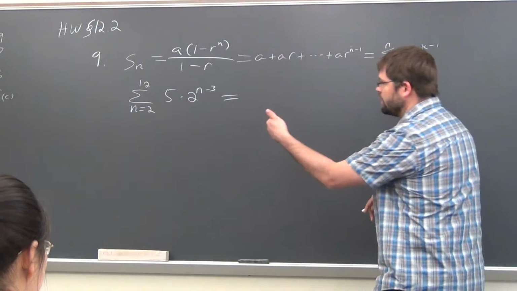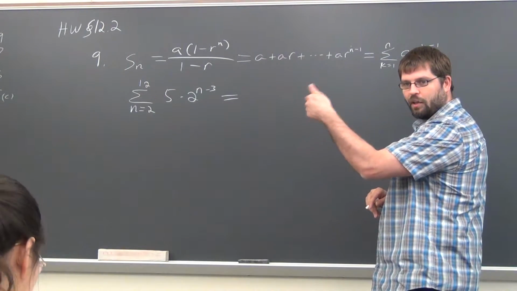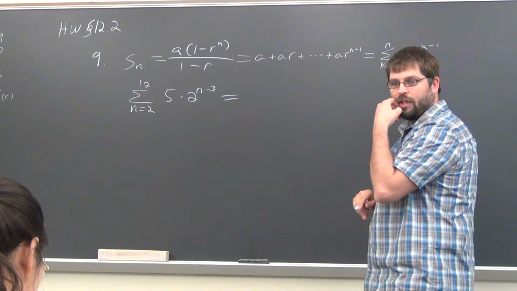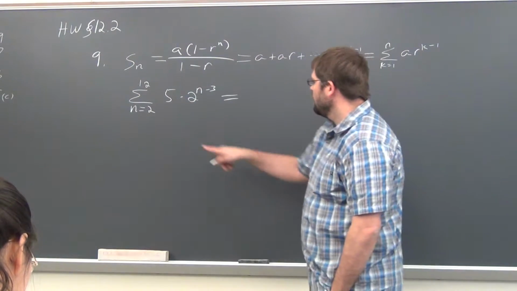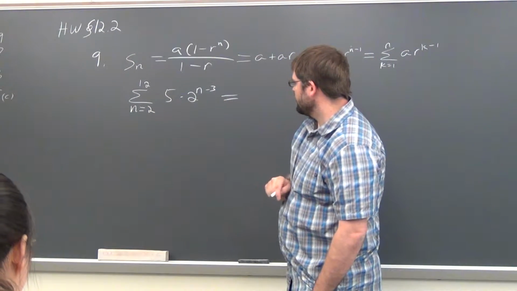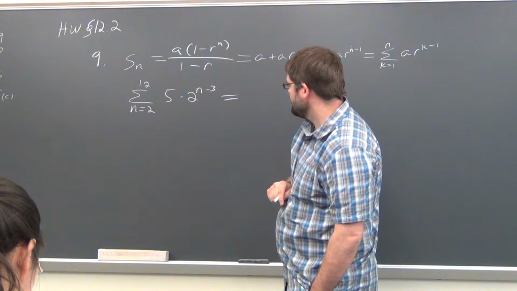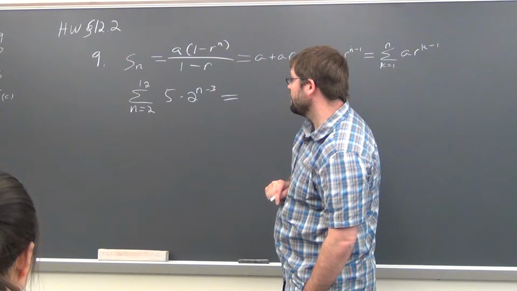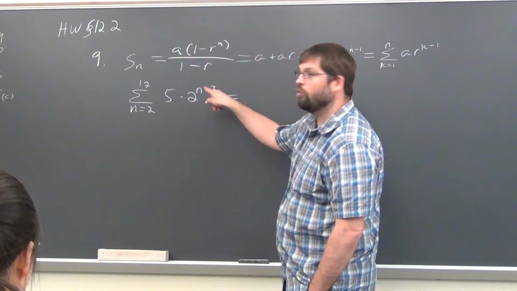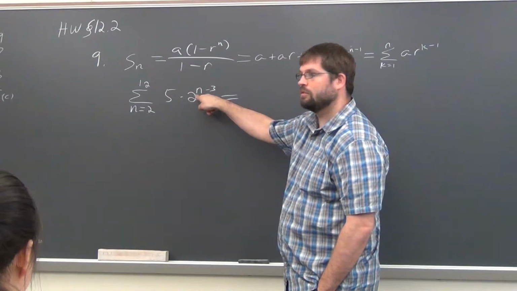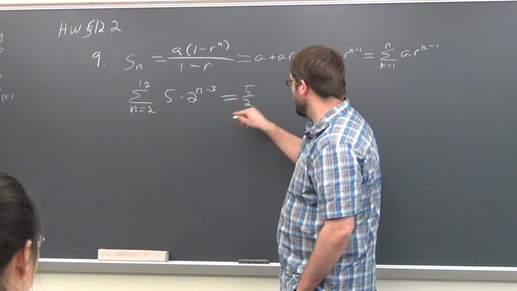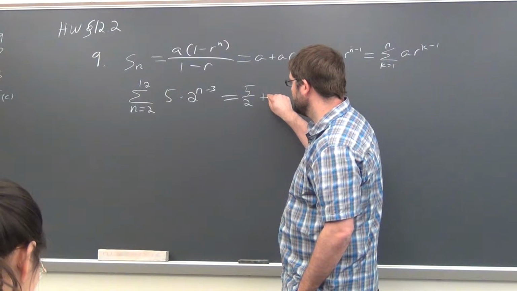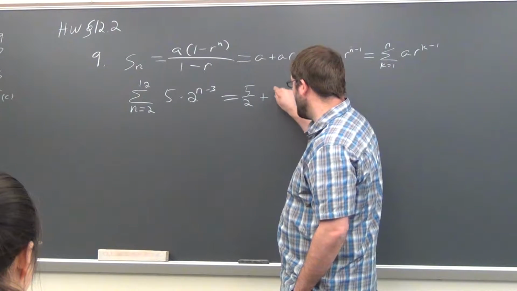So your r is going to be 2, right? Because you're multiplying by more powers of 2. But what's your a, and then what's your final value? So when you plug in 1 to here, what do you get? Negative 10? Not negative 10. 5 over 2, right? It'll be that negative exponent. So 5 halves. Does that make sense? And then when you plug in 2, you get just 5, right?